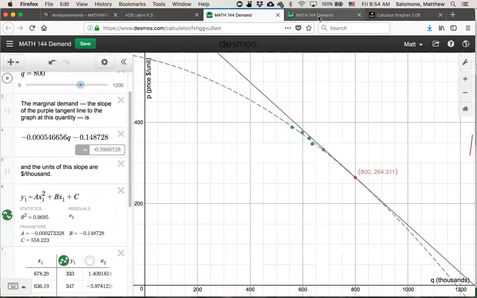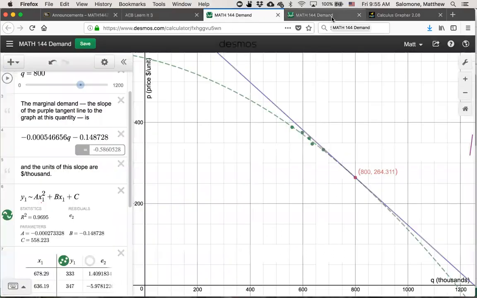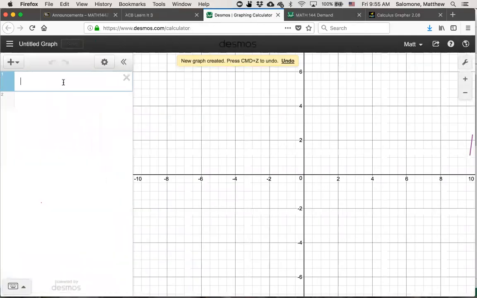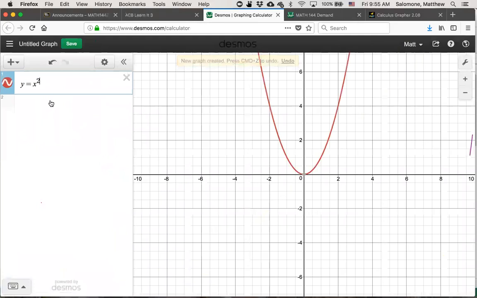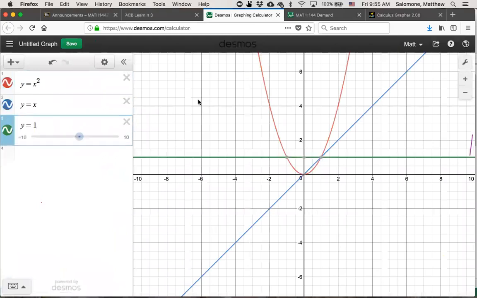Let's create a new graph for a second. Let's take a moment and think about the three parts that make up our quadratic function.